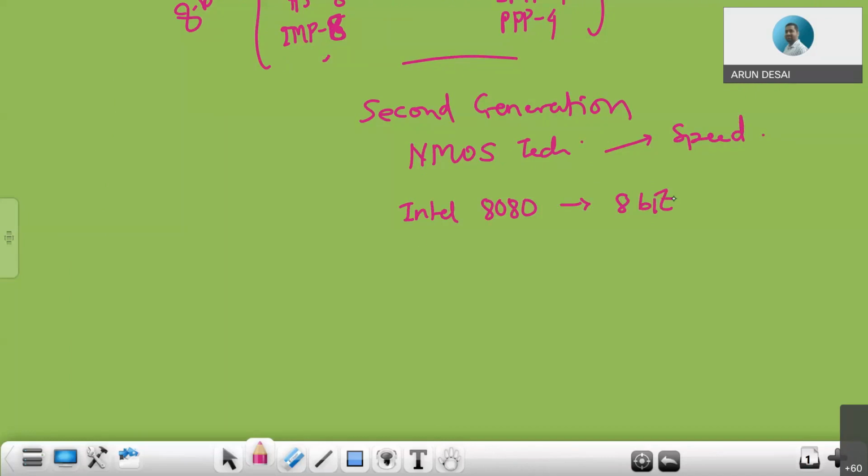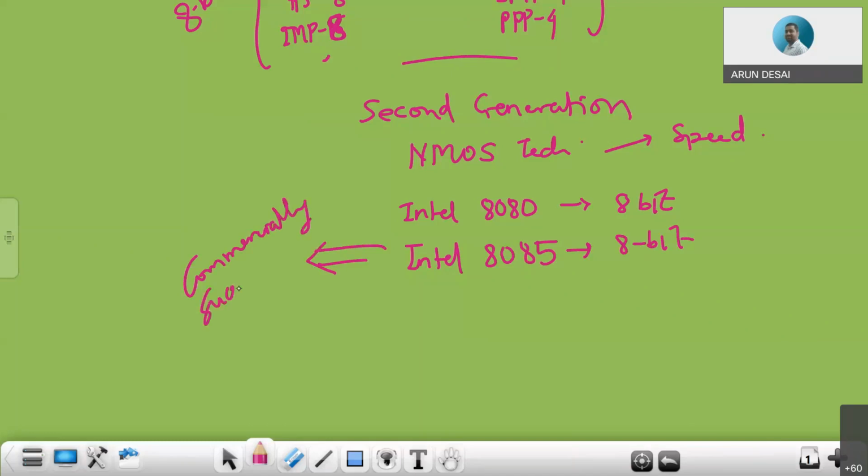Again, with a few additions, they came up with the Intel 8085 processor, which is also 8-bit. And this Intel 8085 is a commercially successful processor by Intel, right?